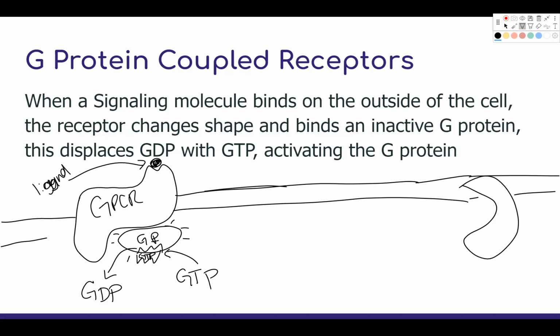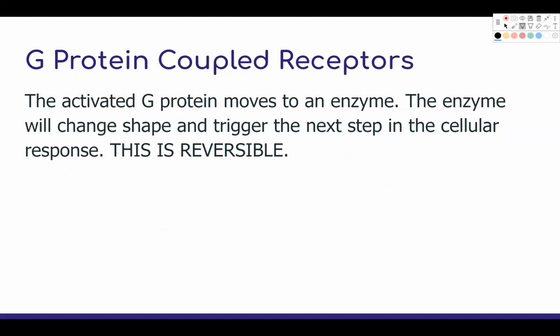I've got those little lines around the G protein to show that it's active. So now that that G protein is active, it will move out of the coupled receptor and over to the enzyme.